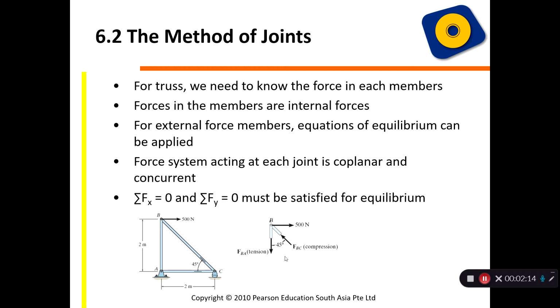So how do you determine whether it's tension or compression? That is initially an assumption, but we can make a very sound assumption that is almost guaranteed to be correct. I will explain that as we go along. And this is how the free body diagram will look for joint B.